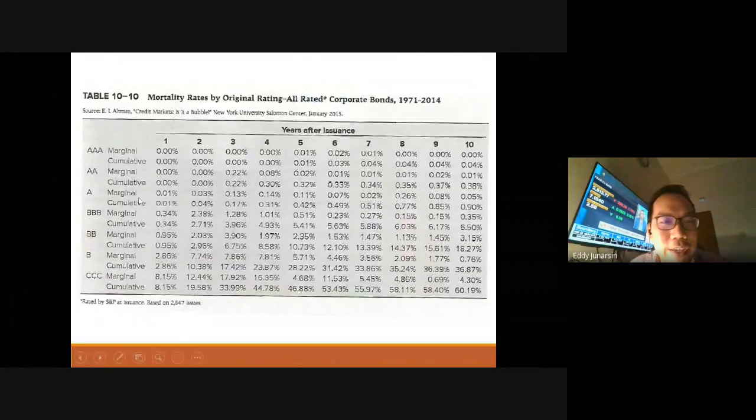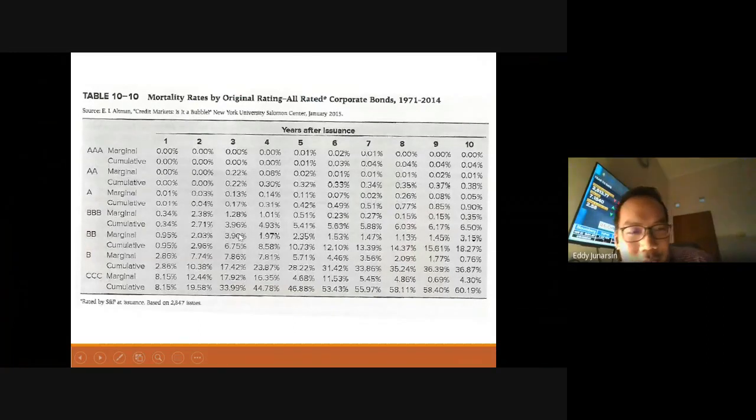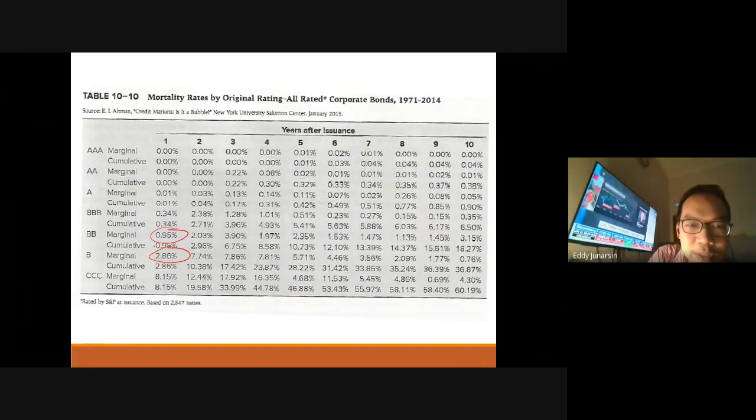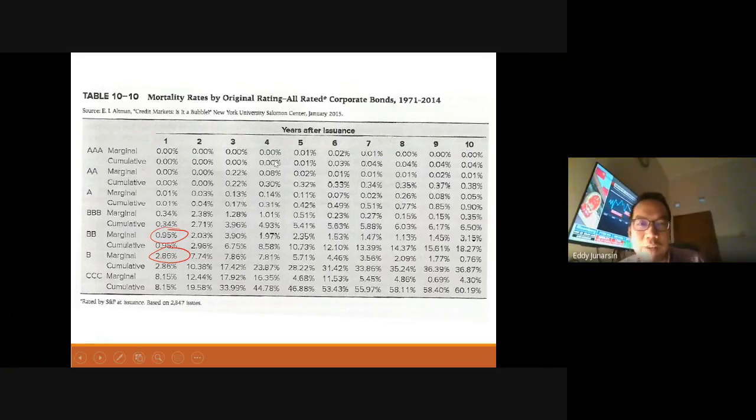So interesting fact here. Triple C is definitely quite dangerous, and even below triple B is already dangerous, right? The 1% is defaulting here. For B, even almost 3% is defaulting after 1 year. It's quite dangerous already, but still you can make more money from there.